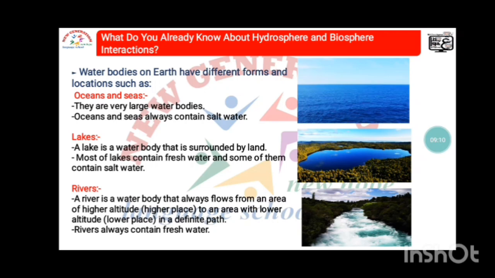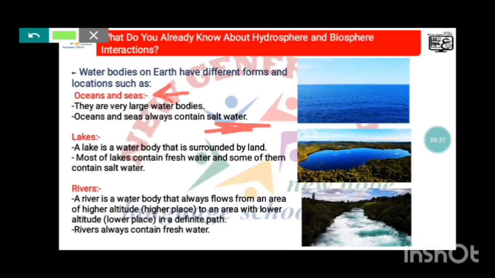According to oceans and seas, they are very large water bodies, and they contain salt water.